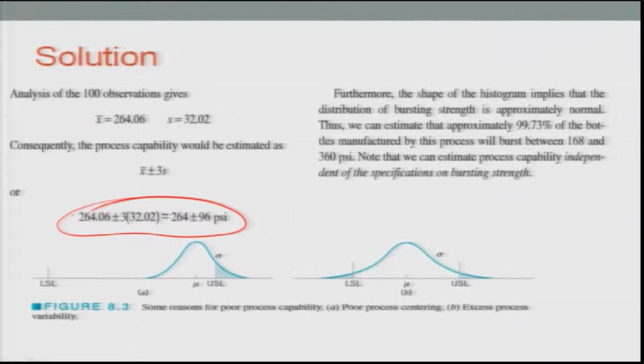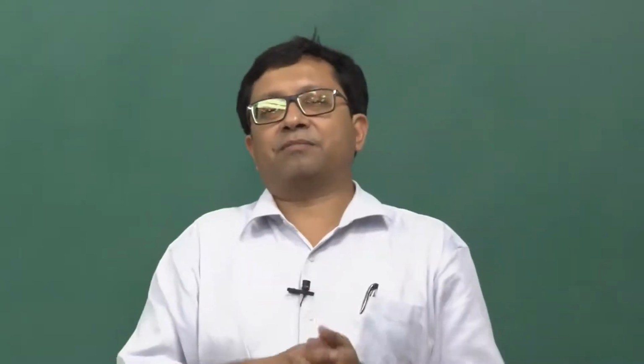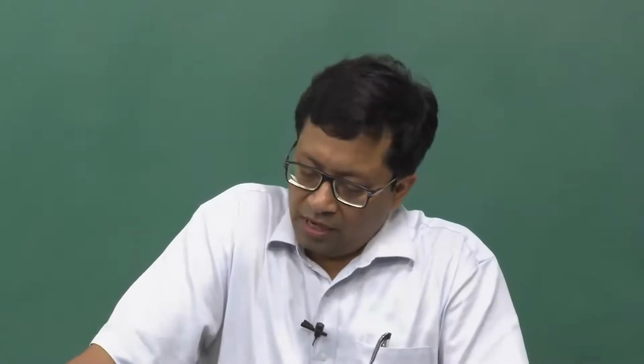Furthermore, the shape of the histogram implies the distribution of bursting strength is approximately normal. This is what I am saying, that as you keep increasing the sample size, it would slowly tend to become the normal distribution.